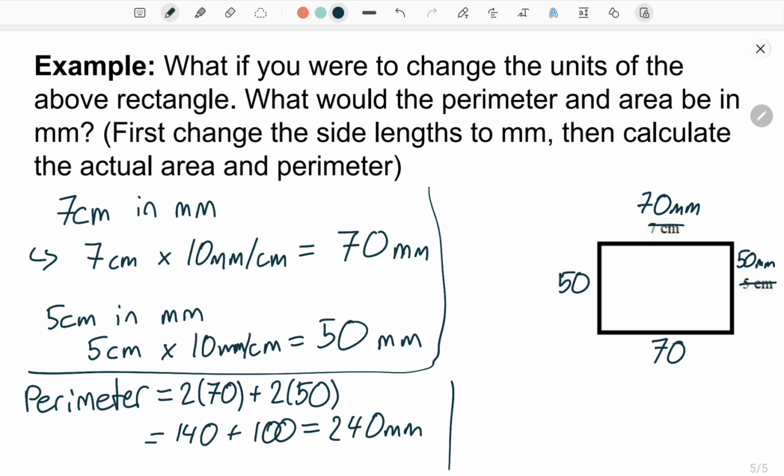All right, how about the area? The area is going to be 50 times 70, which, if we do that calculation, will be 3,500 millimeters squared. And if you look at the original area, it was 35 centimeters squared.